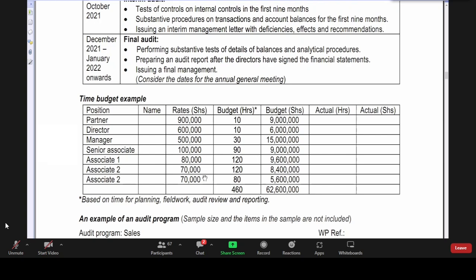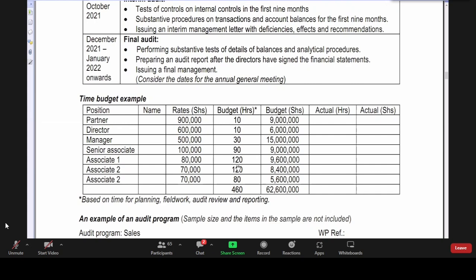For you, your hour is paid 70K. A senior associate 100, manager 500, director 600, partner, and you see that the most time is spent by the associates because they do the field work.